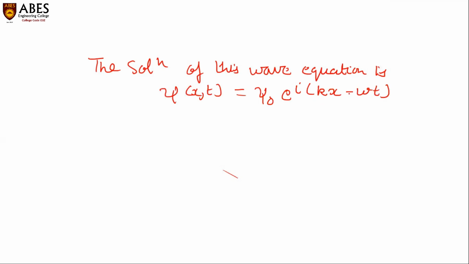This is the solution of this wave equation with the wave moving in the x direction, where psi naught is the amplitude of the wave, k is the propagation constant and omega is the angular velocity.